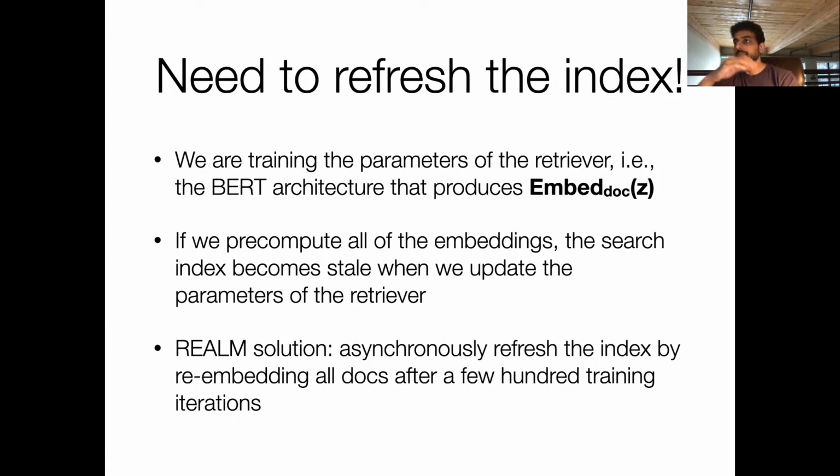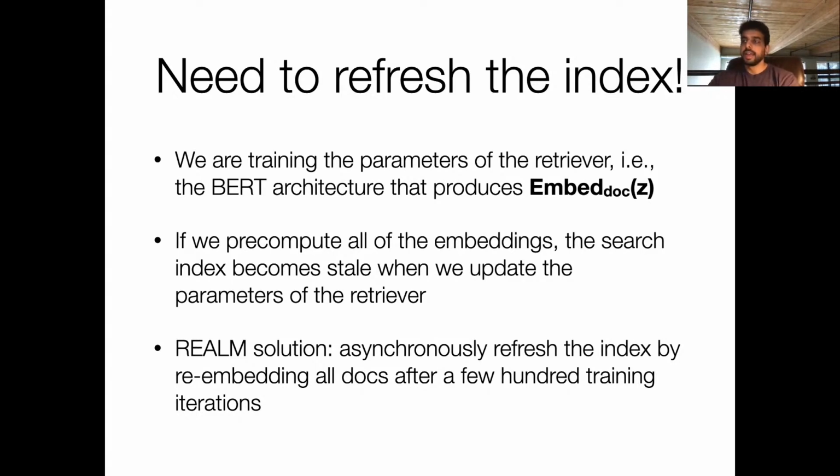So this issue is essentially that the search index that we have becomes stale, right? It's outdated. It's been computed from a model that was using an older set of parameters than the current one. And the only way to make it not stale is to recompute the embeddings for every document in the corpus after every single gradient update. So this is going to be very slow.